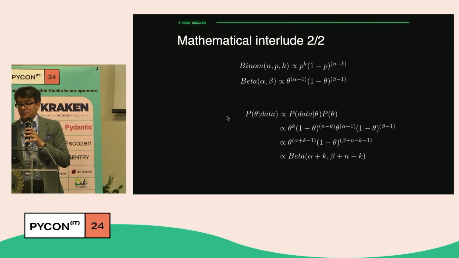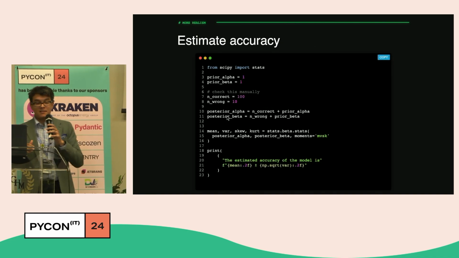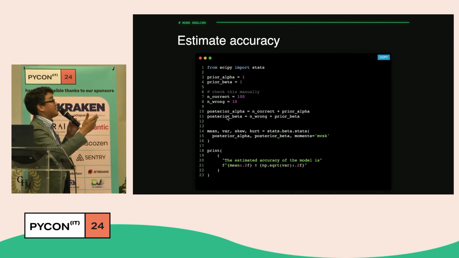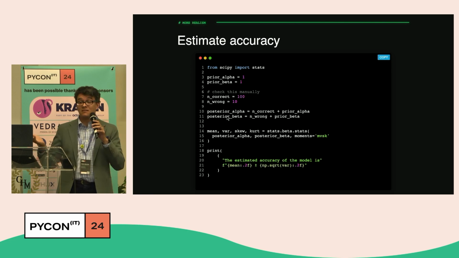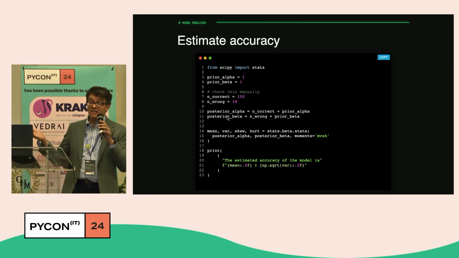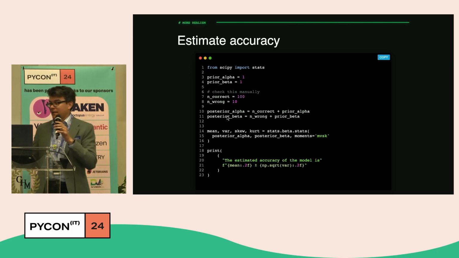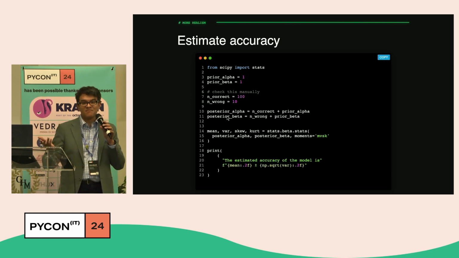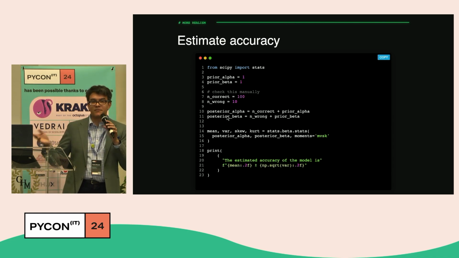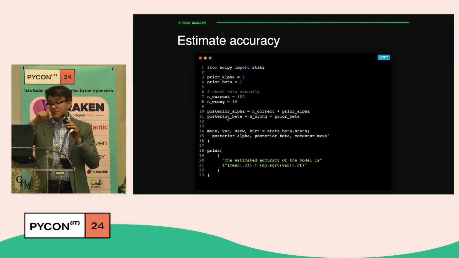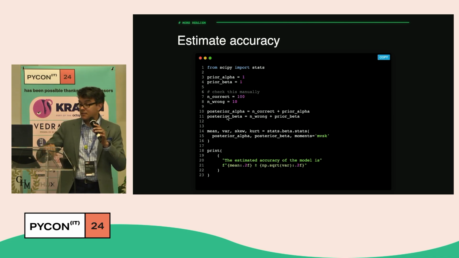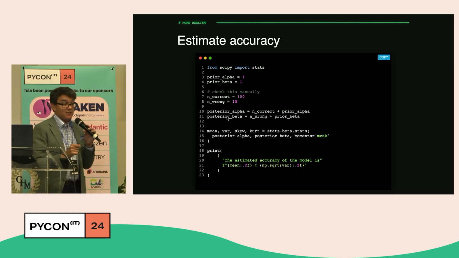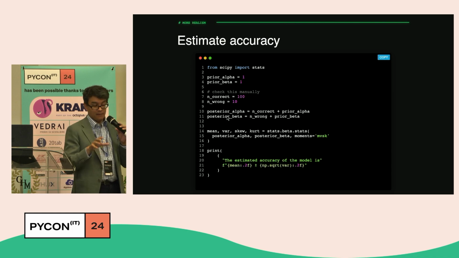So in practice, we can just set up our prior. Let's say that we don't know anything about the system, and we start with the beta where alpha is equal to 1 and beta is equal to 1, which is a uniform distribution. If you remember the equation, plug in those values, and you get a constant. We can count from a manual process.